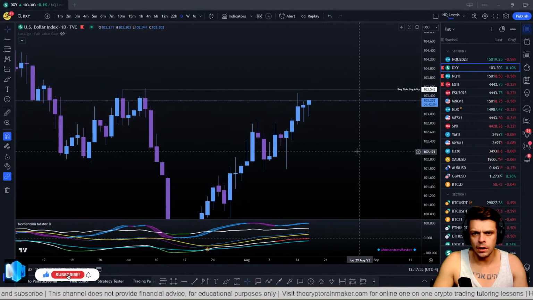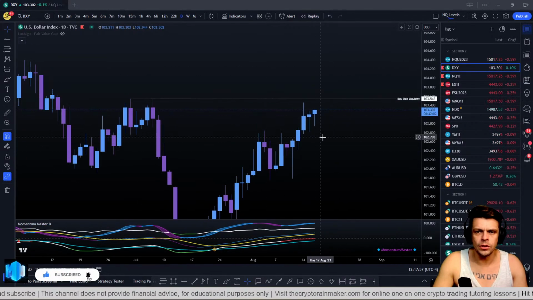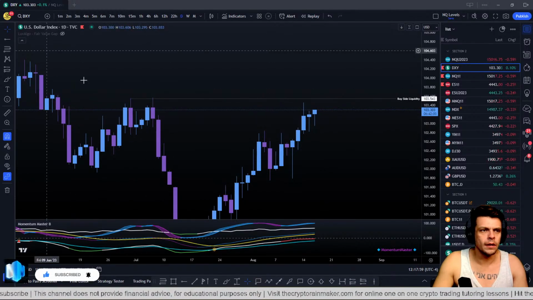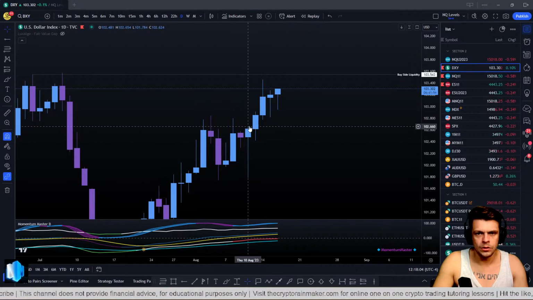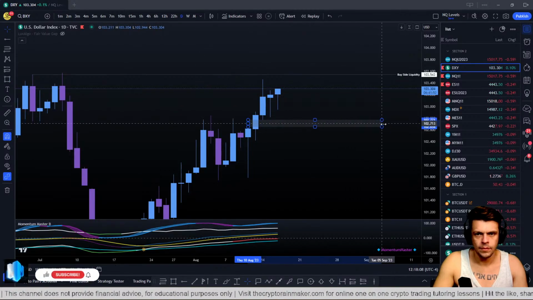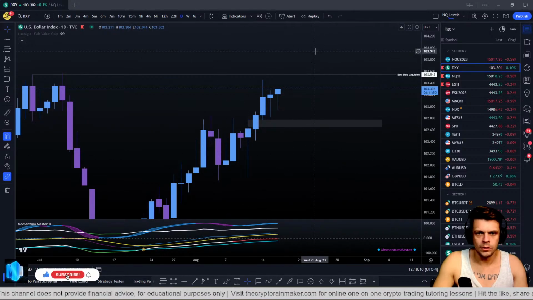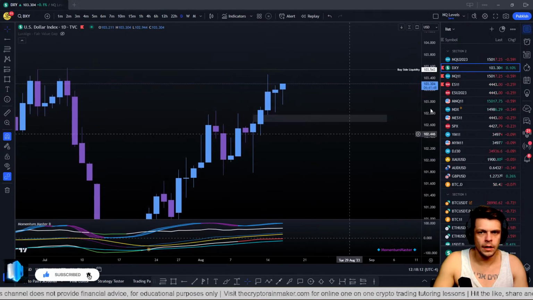The only reason that I currently see the dollar first going down and then taking out the liquidity is this imbalance that we have right here. So this is our fair value gap on the daily chart.